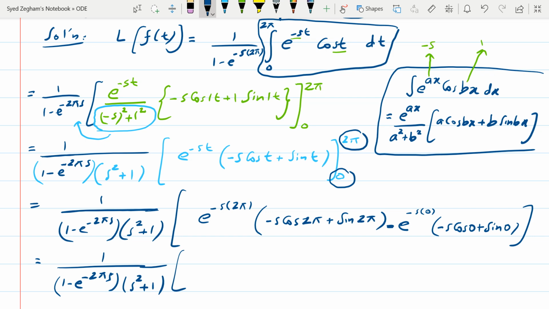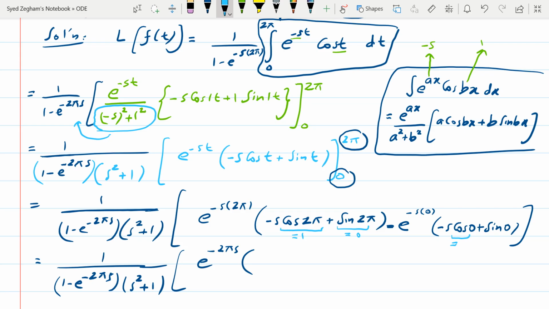Now, e to the power minus 2 pi s, inside the bracket we have cosine 2 pi. Cosine 2 pi is equal to 1. We have sine 2 pi, that is equal to 0.